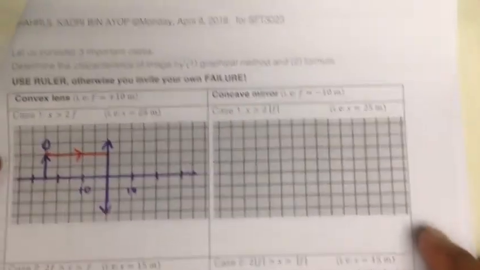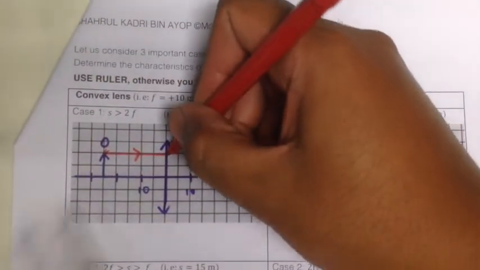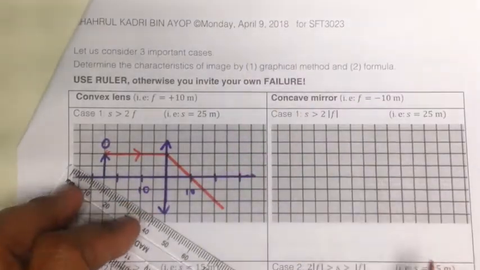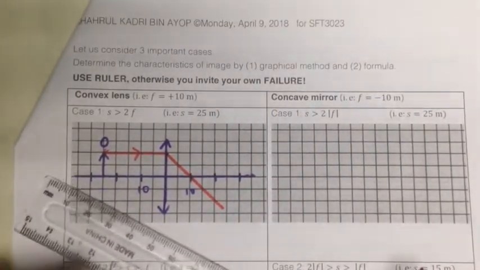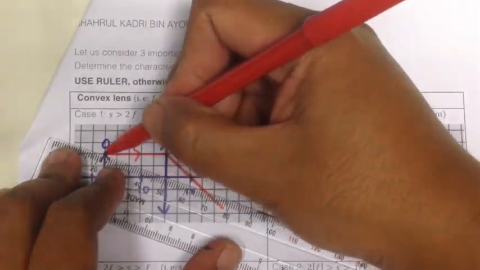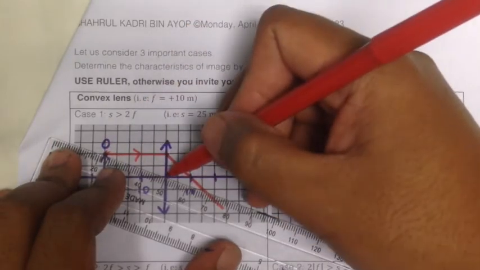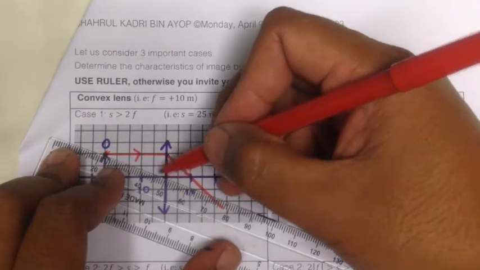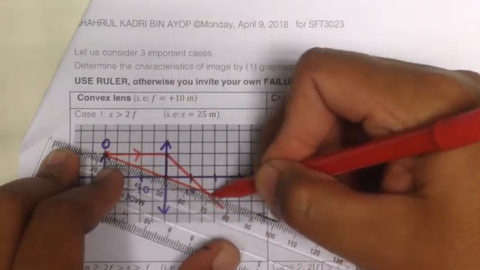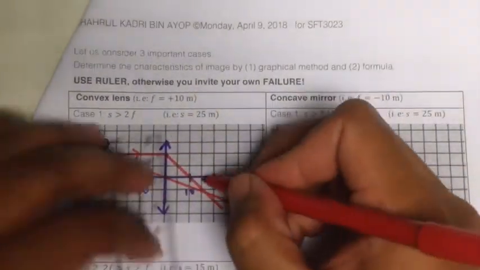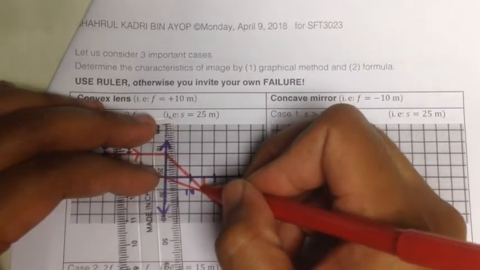So that means we have to bring this ray to the focal point like this, and then this is the first ray. The second ray is one from the object directly to the center of the lens without any deviation. Okay, so the image will be formed here.